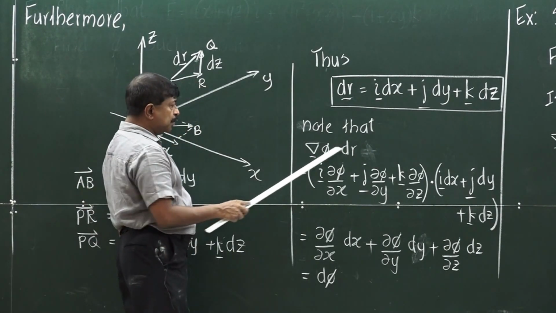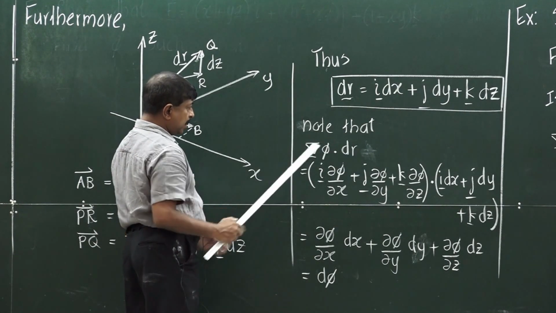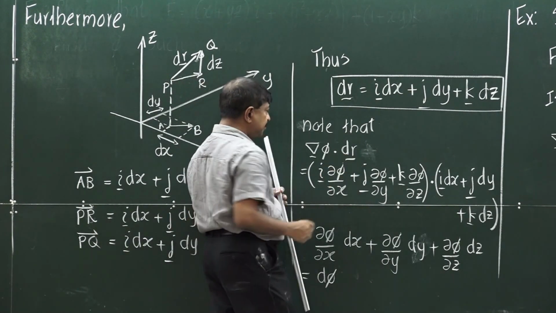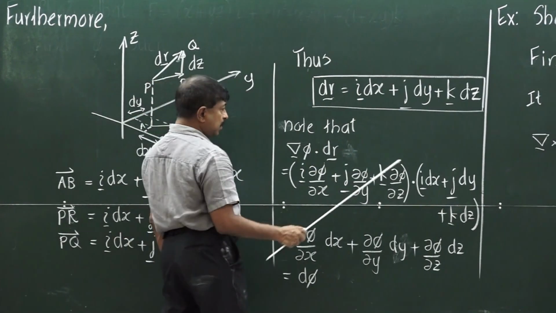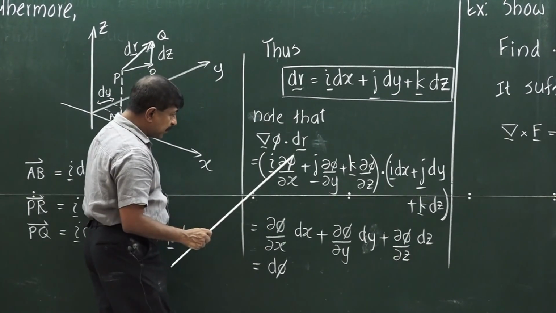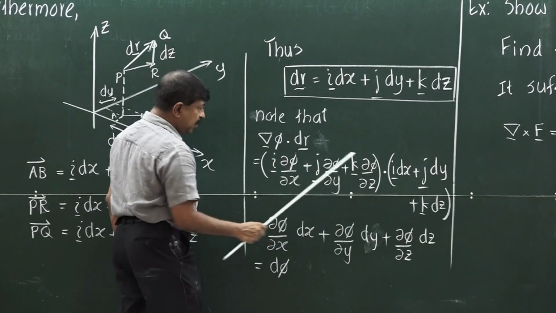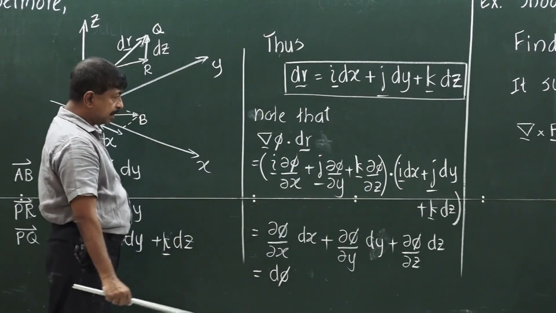Now, if you take the dot product of grad phi and dr, this is grad phi. This is simply the grad operator, but the scalar function phi falls inside those operators.